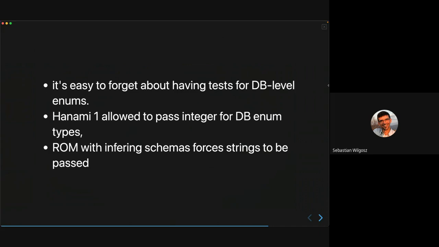If your application relies on passing integers and being transformed on the DB level to a string representation, it will be saved as an integer, but yeah, just to be readable. You may encounter some troubles, and hopefully you have this kind of thing tested as well.